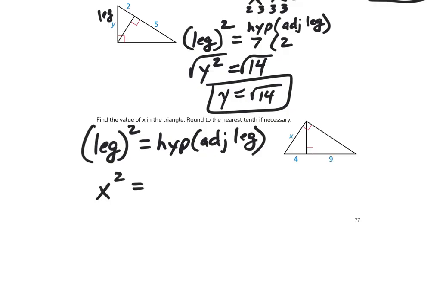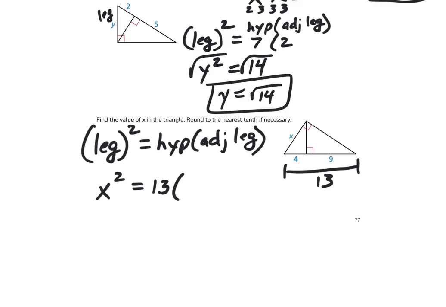What is the length of the hypotenuse of the big triangle? 13, right? 4 plus 9. Length of the whole hypotenuse. This whole thing here is 13.